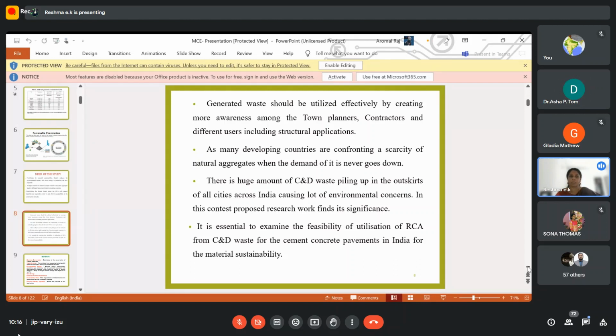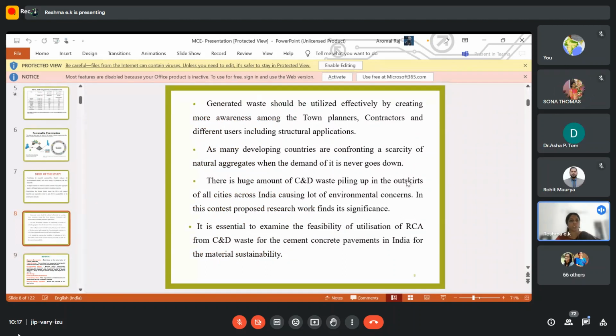So many developed countries as well as developing countries have many techniques to process, and most of the countries are facing problems with natural aggregates. The demand is more for aggregates. And there is a huge amount of C&D waste piling up on the outskirts of all the cities across India.